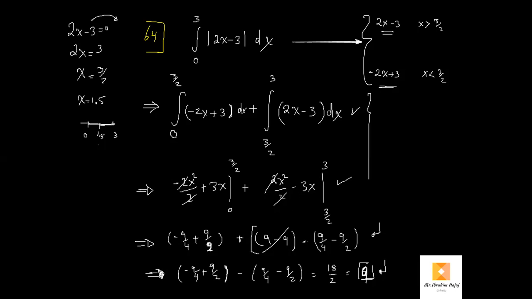Then minus 3 over 2 squared, 9 over 4, and 3 over 2 times 3 gives negative 9 over 2. So we have positive 9 over 4 and positive 9 over 2. The 9 over 4 cancels out, and you still have 9 over 2 plus 9 over 2, which equals 18 over 2, which is 9.